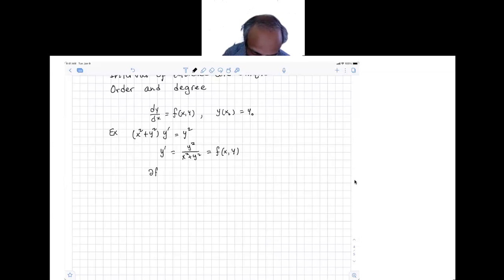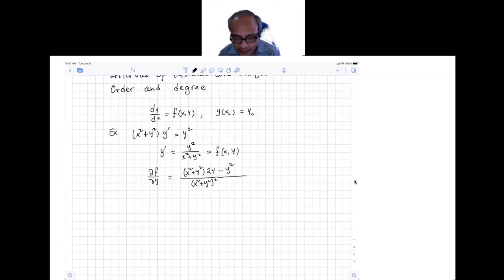The partial derivative with respect to y uses the quotient rule. You write (x square plus y square) whole square in the denominator, and in the numerator the denominator times the derivative of the numerator, which is 2y, minus y square times the derivative of x square plus y square with respect to y.